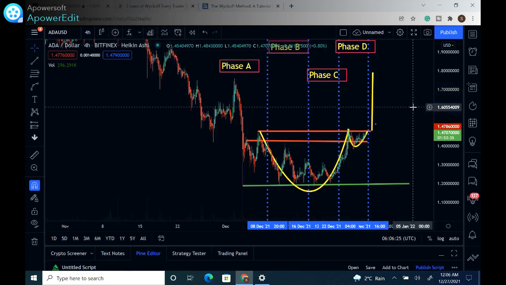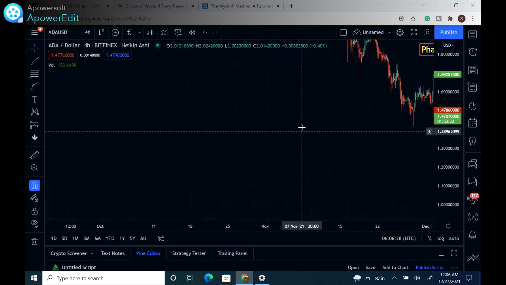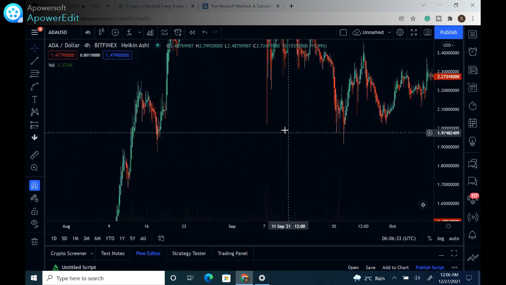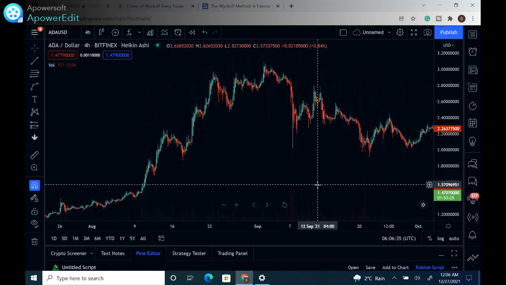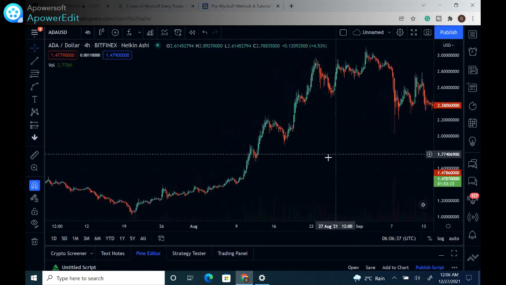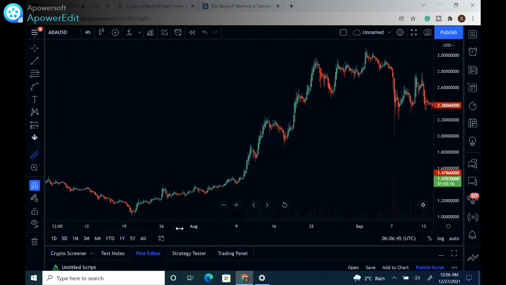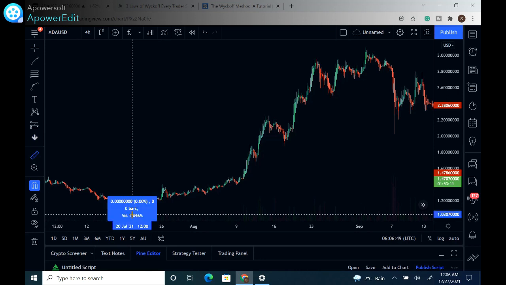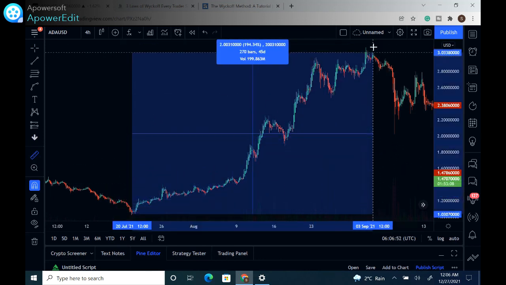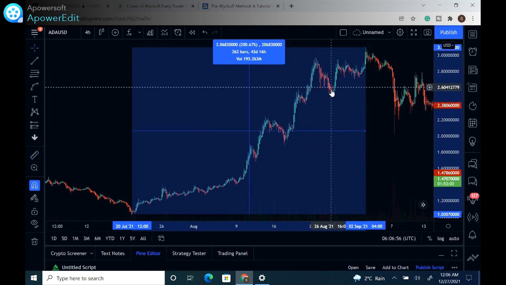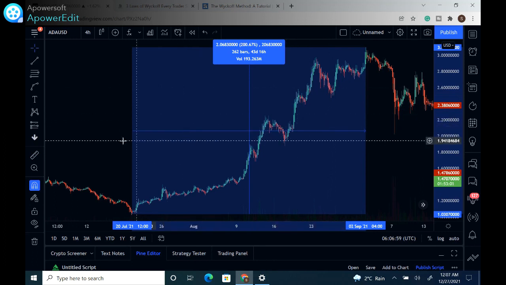And due to that movement, if you go to the previous bull run, this is the July 20th, here you can see nearly a 200% movement of the Cardano price.